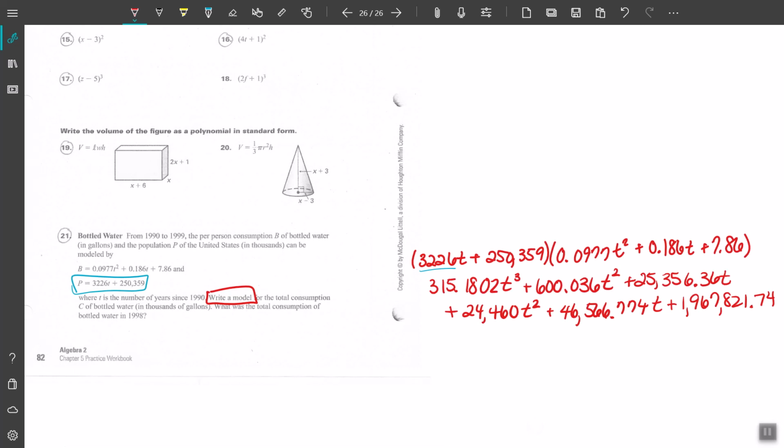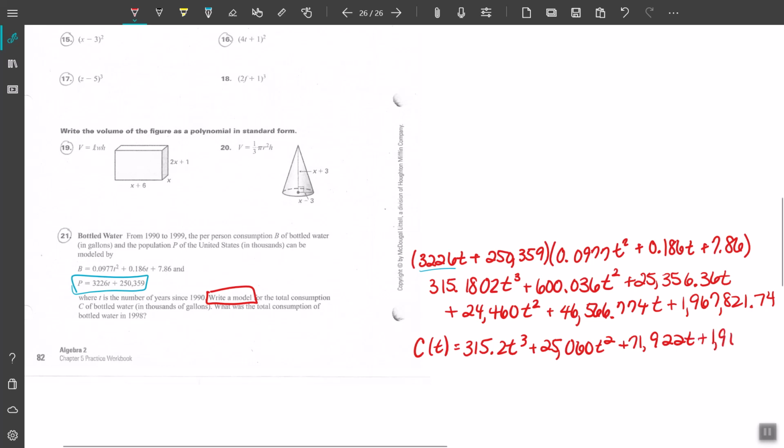And so when I do that, I get C of t, the consumption based on the year t. That's how I want to write that. This will be my lead term, my second term, third term, and then that last constant.